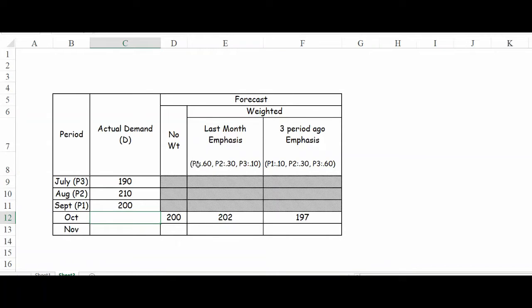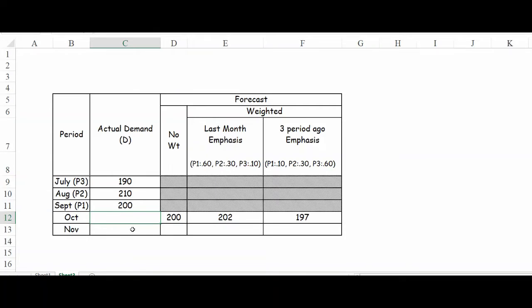Of course, this could be 70, 20, and 10, or 55.7, etc. Again, just like in moving average, if you're using weighted moving average, you would play around with these numbers and with past data until you found out what forecast weighting closely matches your actual demand.